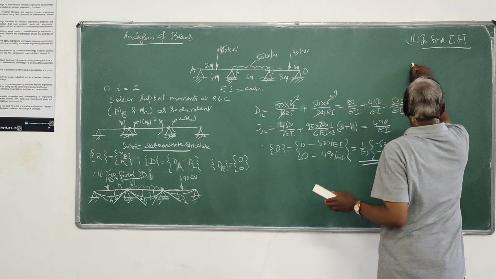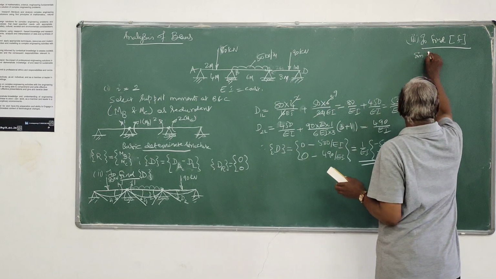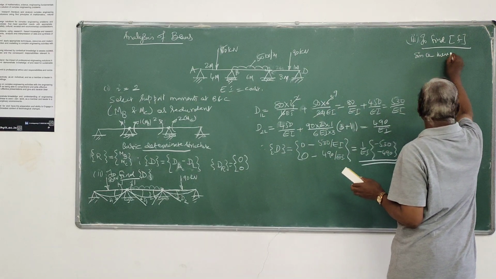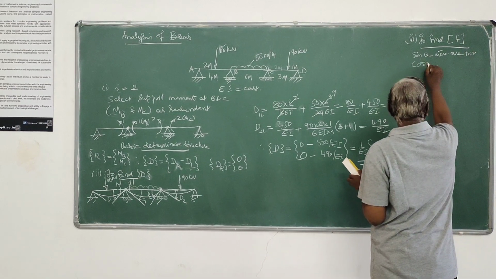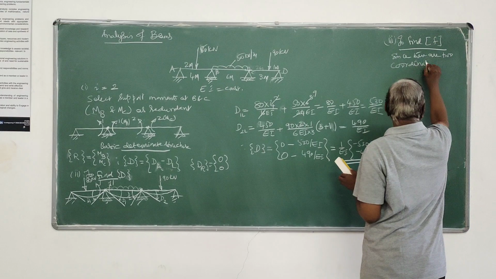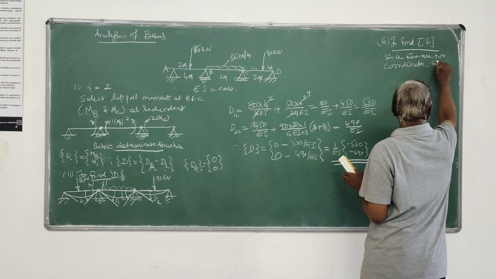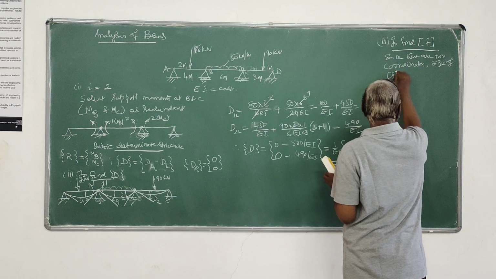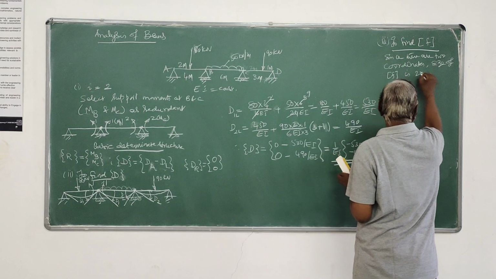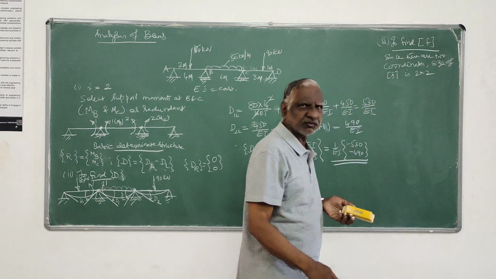Now first, since there are two coordinates, size of flexibility matrix will be 2 by 2. Size of F is 2 by 2. This you have to get first.